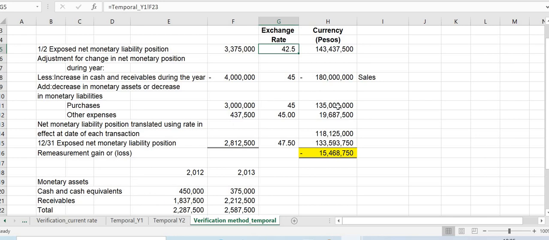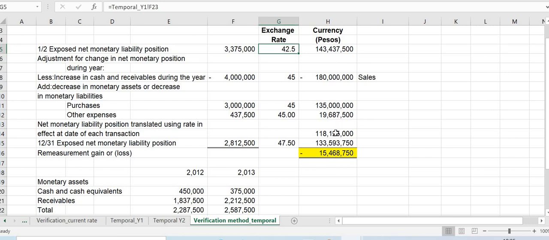Pag may purchases, mag-increase yung monetary liability position. Pag may sales, mag-decrease. And we do have other expenses of 437,500, translated using the average rate also. Of course, we'll exclude depreciation, kasi it's a non-monetary expense. So yung net monetary liability position natin translated using the exchange rate in effect at the date of transaction is actually the sum of these figures.